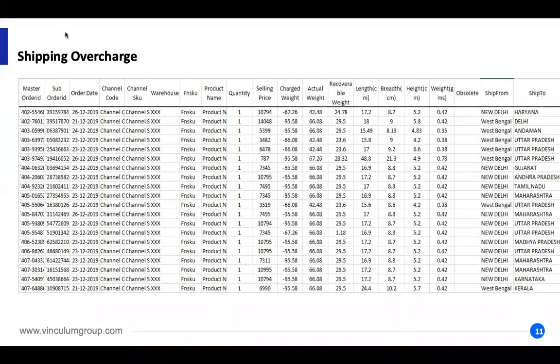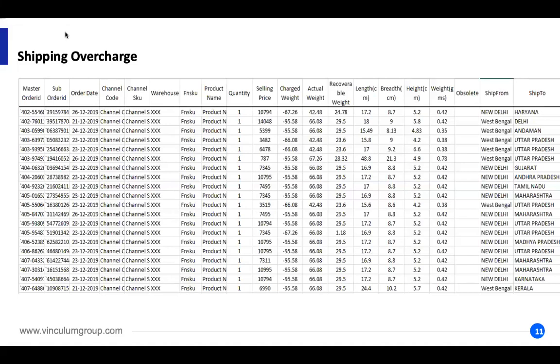We have also populated this report with the length, breadth, and height along with the dead weight of the product, for you to easily calculate that this order ID falls under a small category, and hence if it is shipped between New Delhi and Haryana, the shipping charges should be 42 rupees and not 67 rupees. So on and so forth.